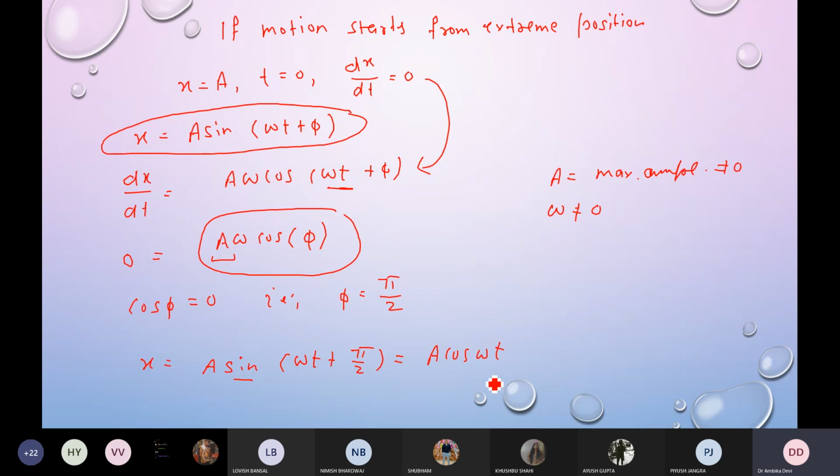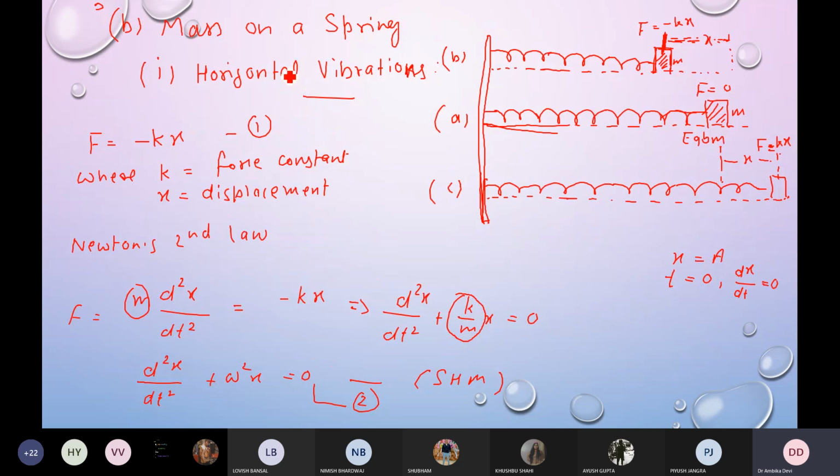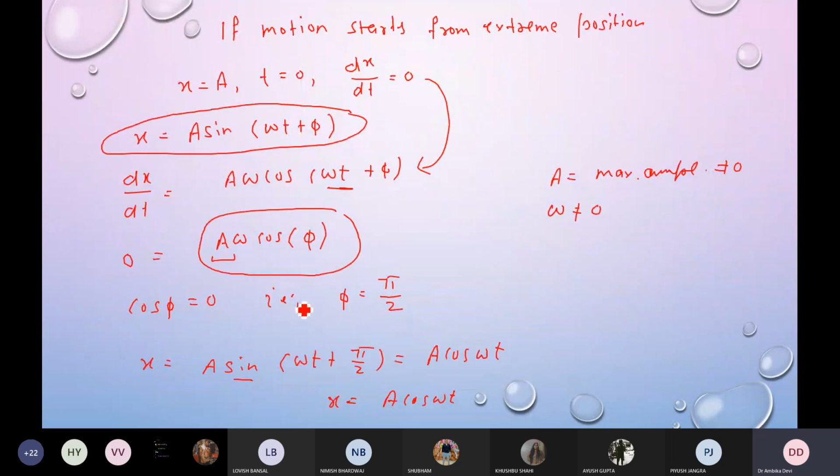So this is a cos omega t. This is the solution for this particular case, wherein the mass is laid horizontally on a plane horizontal surface, and is tied to a spring which is fixed from one end, right? So this is the solution of this equation.